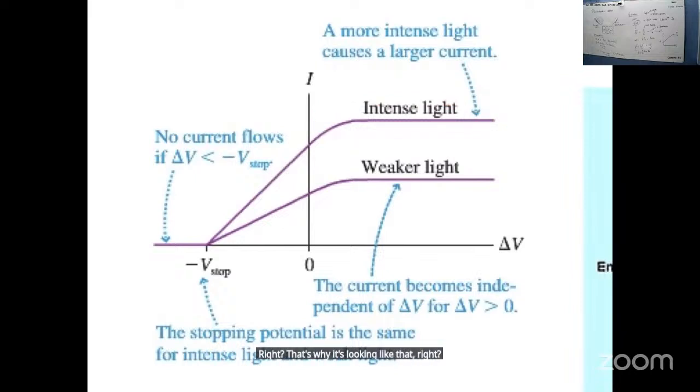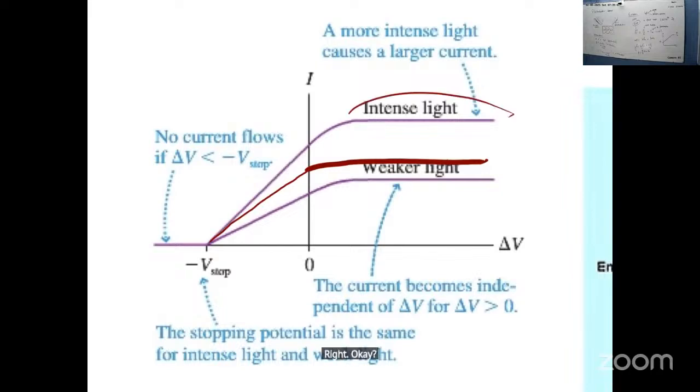That's why it's looking like that, right? So suppose I wanted to put a medium intensity light. What's the shape of the graph? Okay. Question. Anybody can explain that straight line path? That's where it couldn't go up anymore even when the voltage still increases.